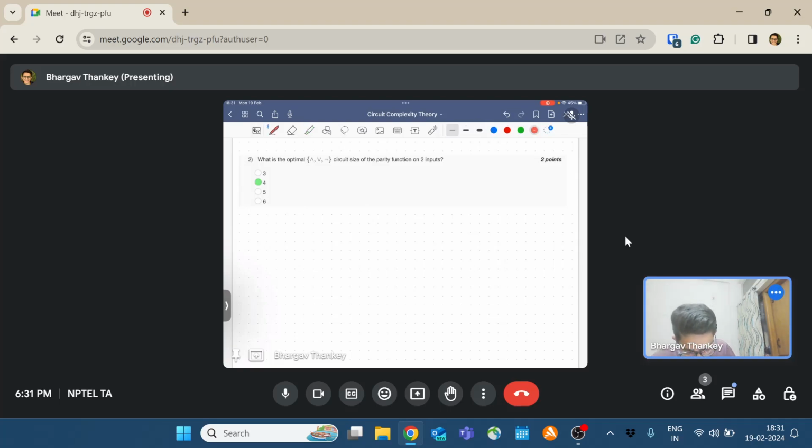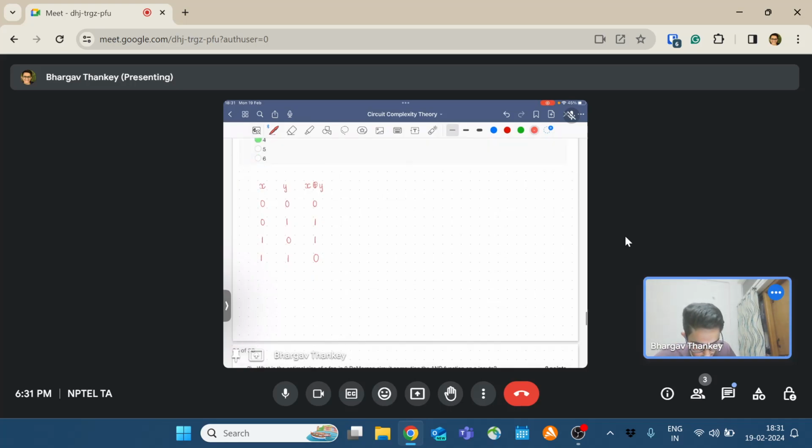So what's the parity? It's x, y, 0, 0, 0. One way to construct this is to put an OR gate at the top and two AND gates.